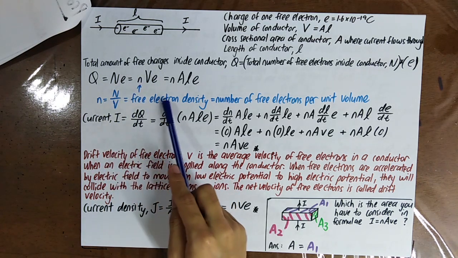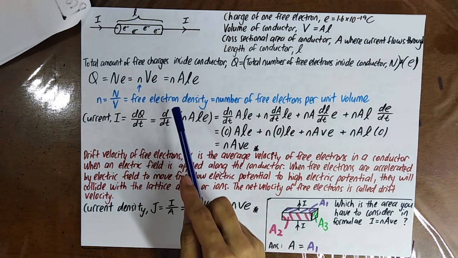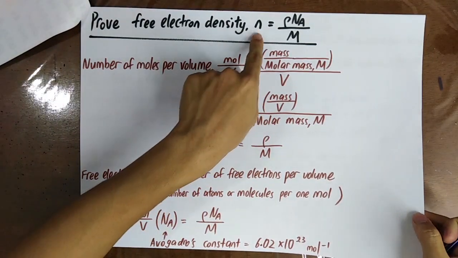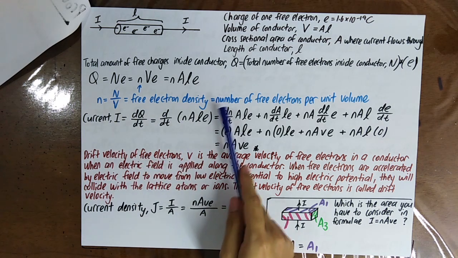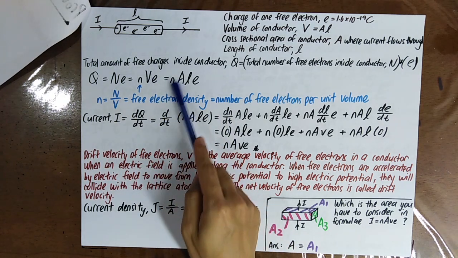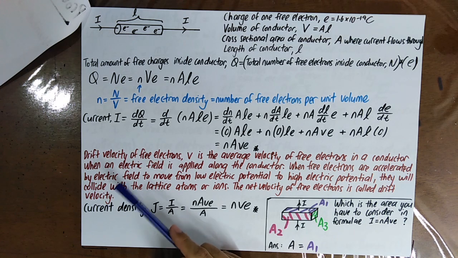Small n is the free electron density, which I derived just now. Then the volume is equal to area times the length of the conductor.